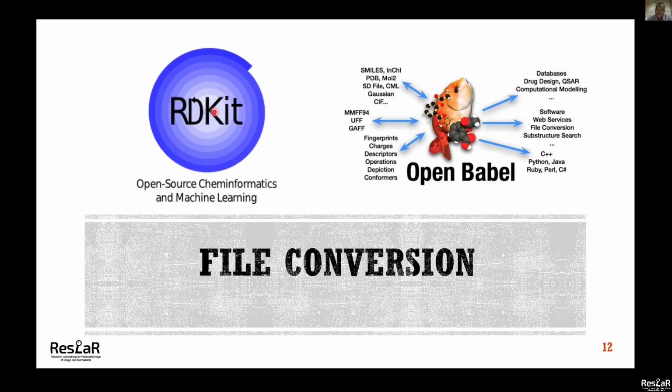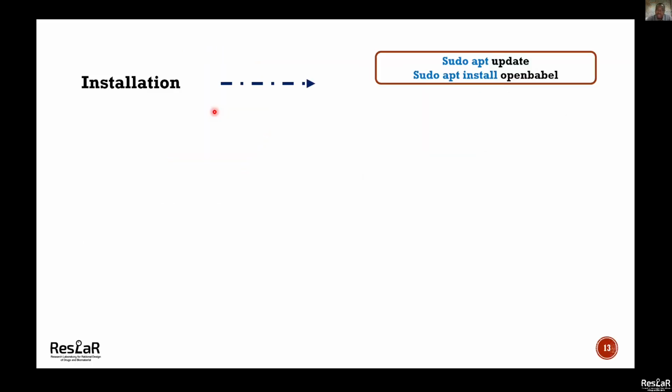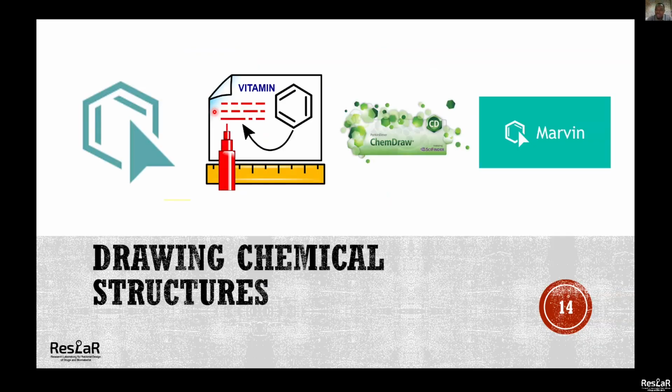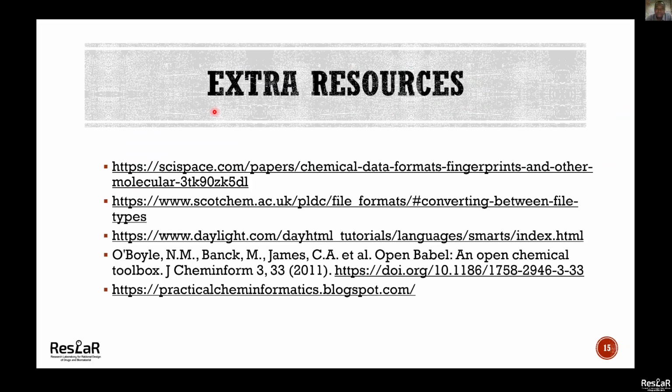So sometimes you might not need a chemical drawing tool to be able to draw your structure, but some other times you need them, especially when you want to build a molecule from scratch. And then there are specific things you want to look at. Sometimes you want to build a molecule from scratch, and then you need some of these software packages to do that.